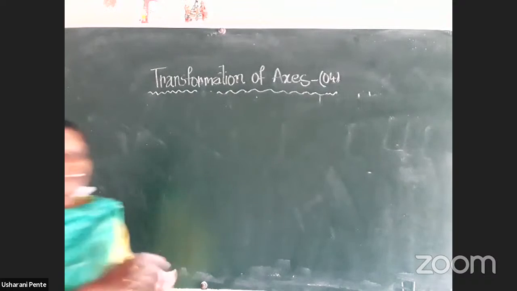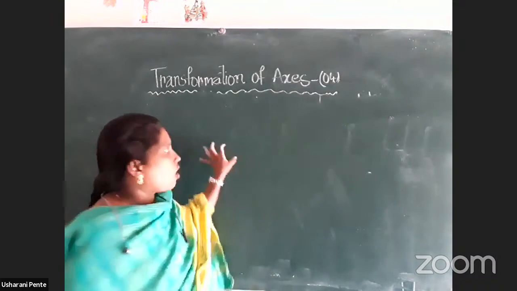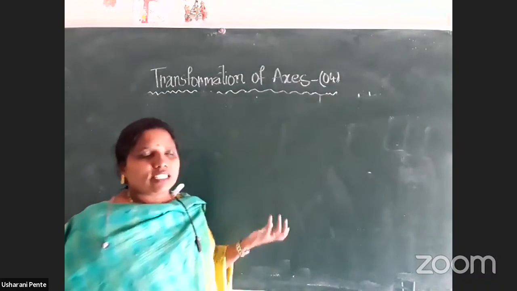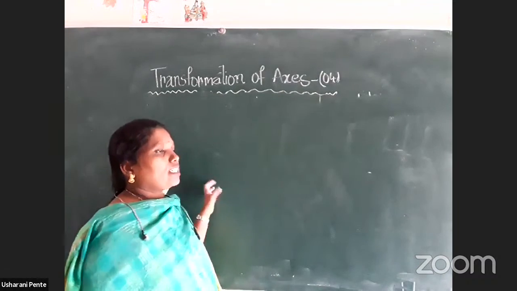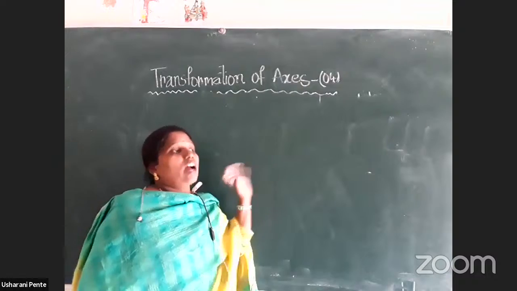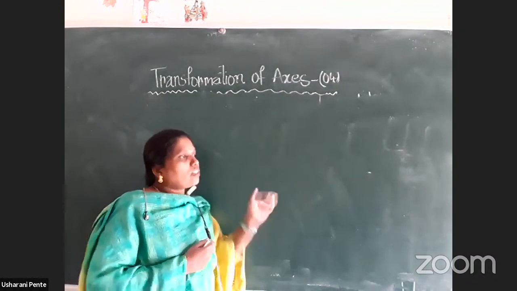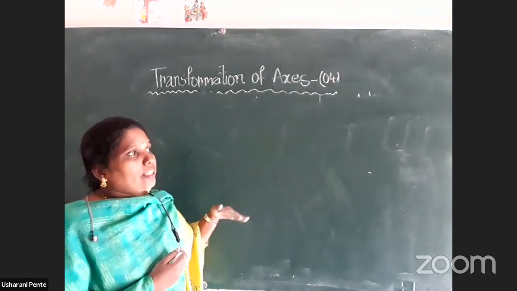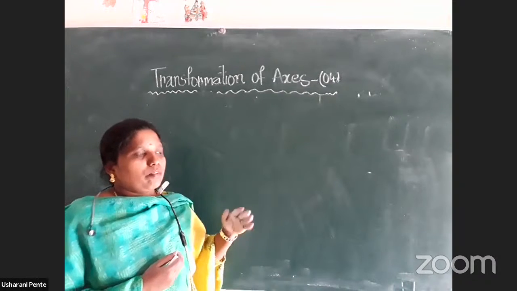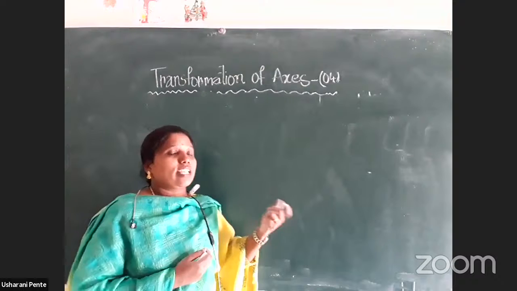So next, we have discussed the coordinates with reference to the new system and with reference to the original system, and also we discussed the value of theta. When the axes are rotated, the coordinates get changed.